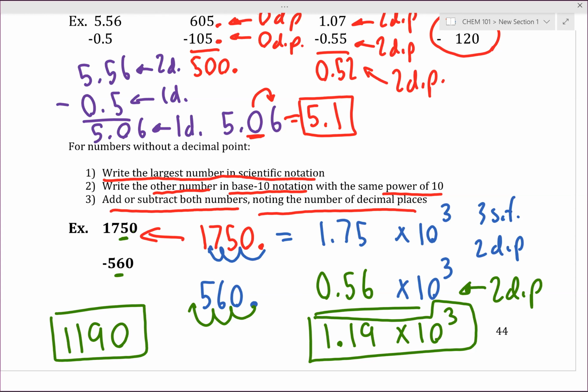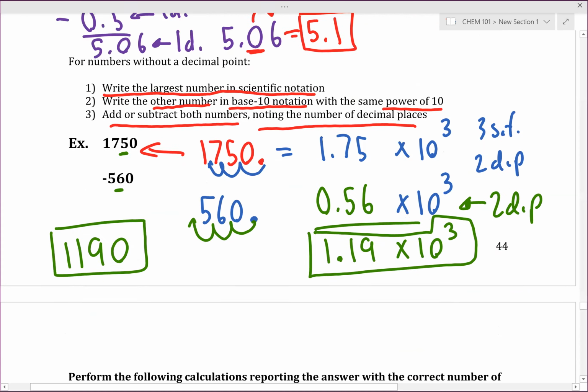If you're comfortable, you can just straight subtract these and note the tens place is the last significant place. But I find students often make mistakes in these calculations. That's why I'm pointing it out. Mm-hmm. Any other questions on addition and subtraction?